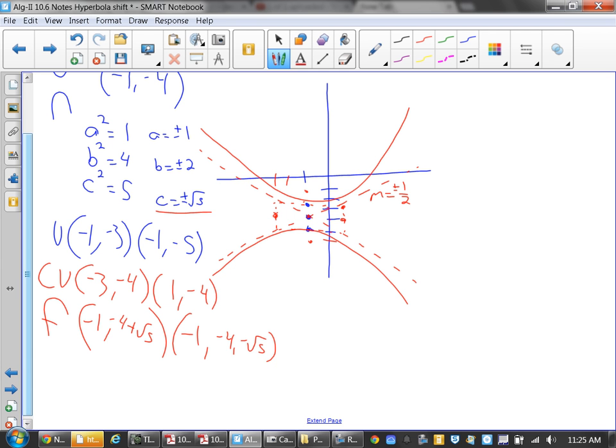The midpoint of the vertices is the center. Yes. Yep. Not a problem. Okay. So like I said, hopefully not so bad, right? No, not bad. All right.